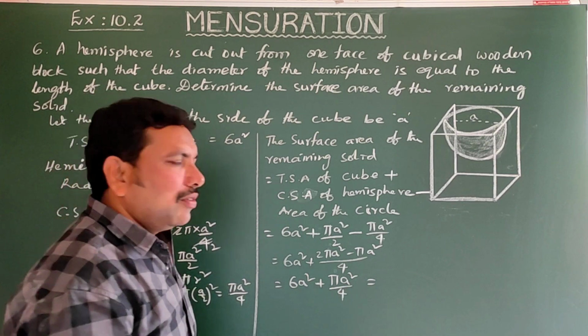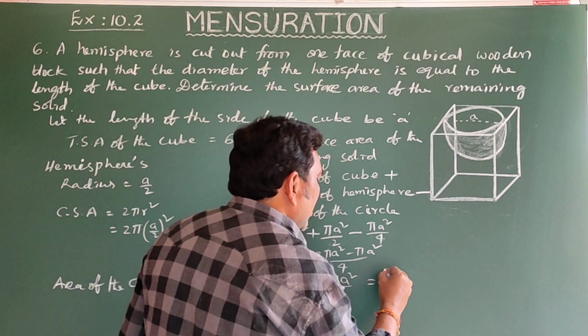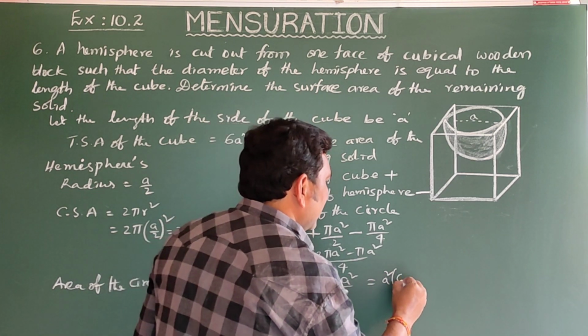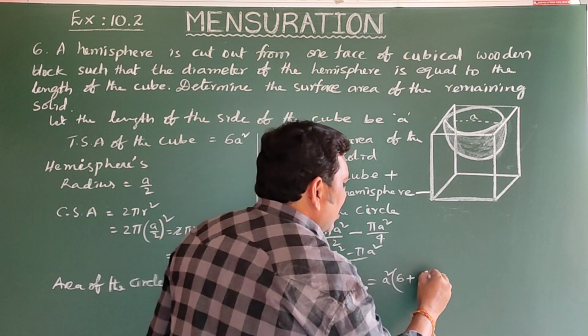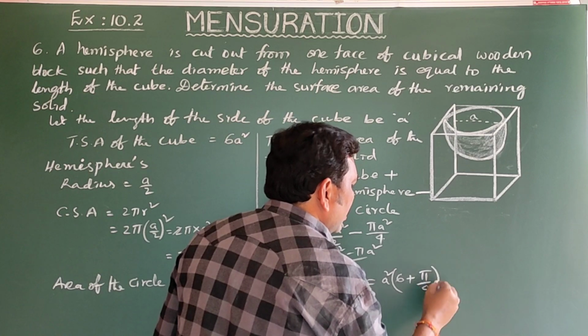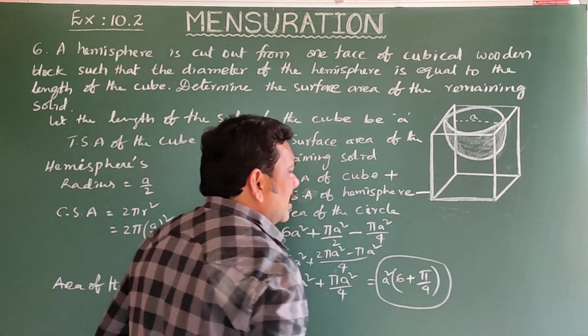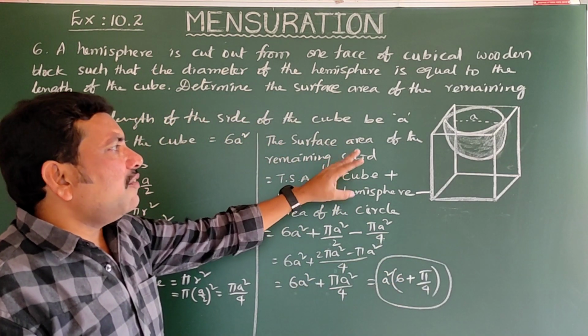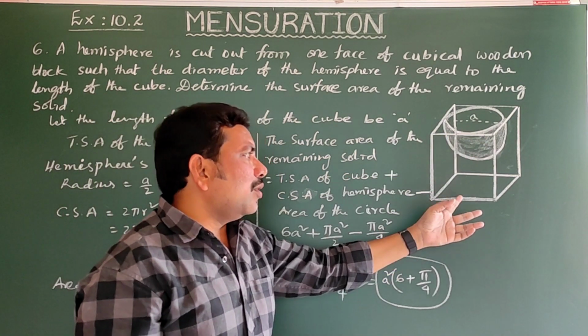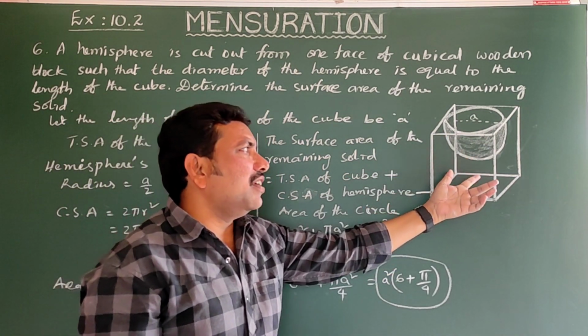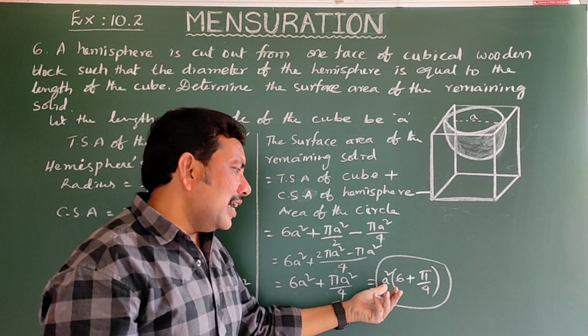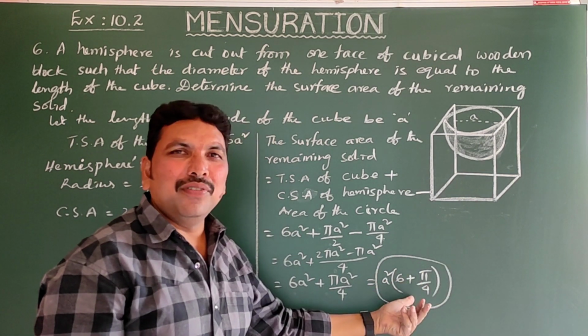A square is the common one. So a square common, remaining part is 6 plus pi by 4. So this is the surface area of the remaining solid: a square into 6 plus pi by 4.